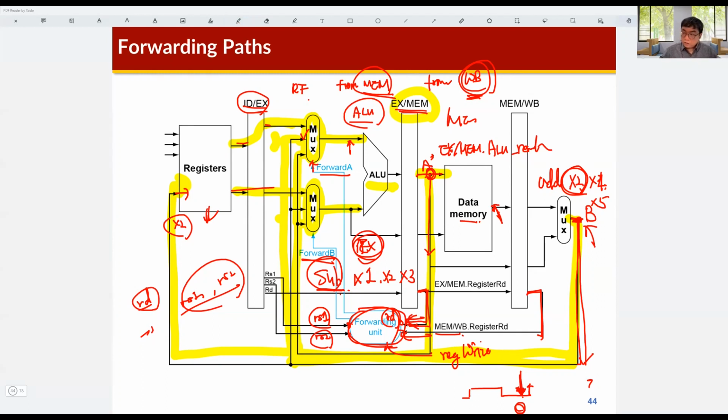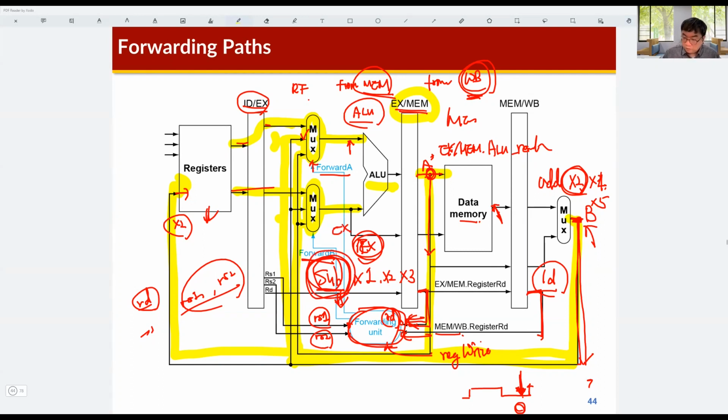In order to support this forwarding, when the load instruction is here, the following sub instruction, that is, the instruction that requires the result from the load instruction, should be located here, in the EX stage.